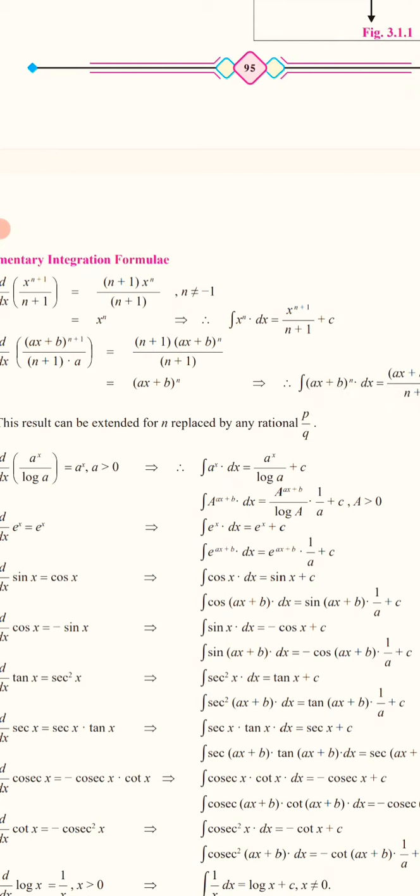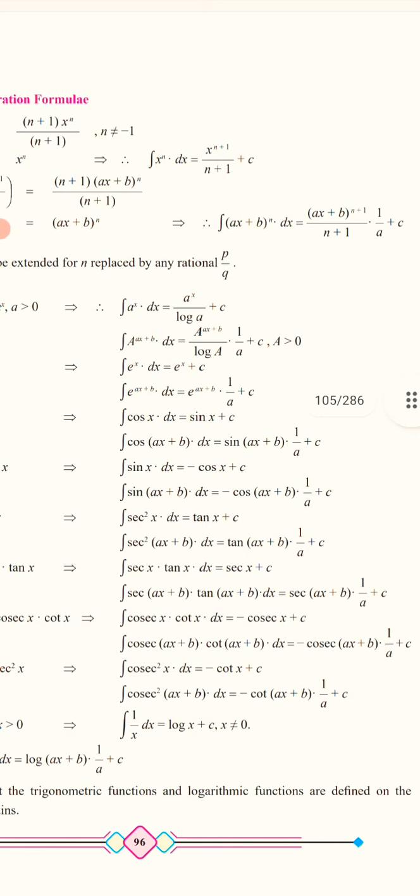Integration of sec square of ax plus b dx is equal to tan of ax plus b into 1 upon a plus c. Integration of sec x tan x dx is sec x plus c. Integration of sec of ax plus b tan of ax plus b dx is sec of ax plus b into 1 upon a plus c.